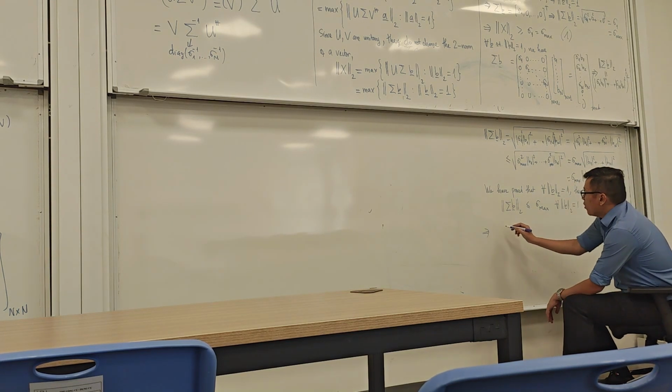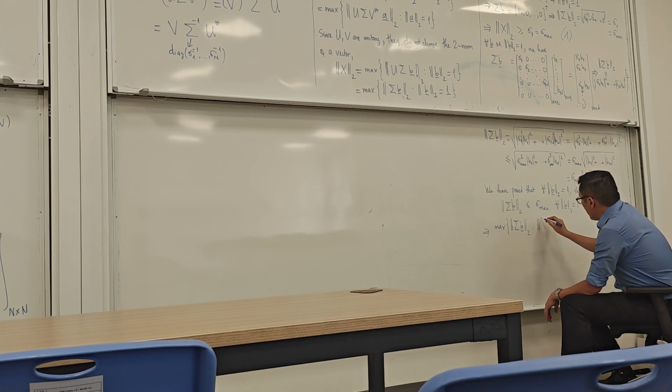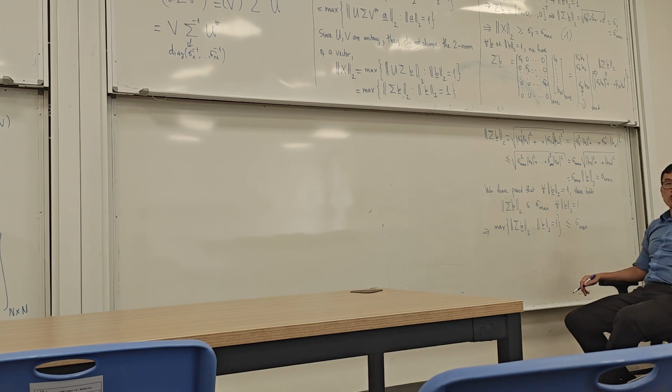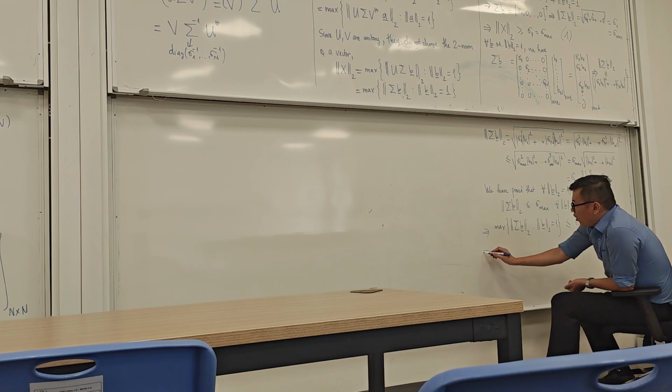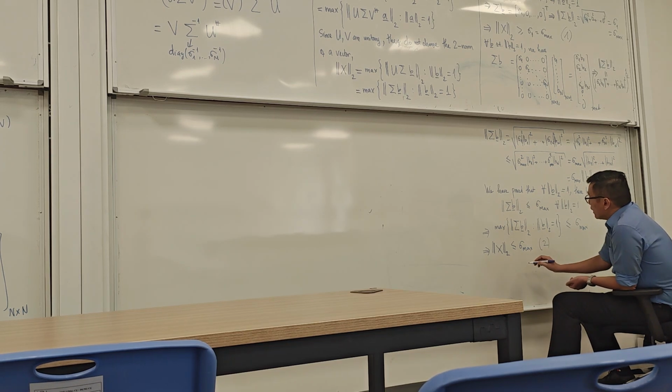Therefore, the maximum of the norm of sigma b over every b such that the L2 norm of b equals 1 is smaller than or equal to sigma max, because it's true for all b. Then if you take the maximum, it is still smaller than sigma max. According to the definition, the L2 norm of x is smaller than or equal to sigma max. This is true from 1 and 2.